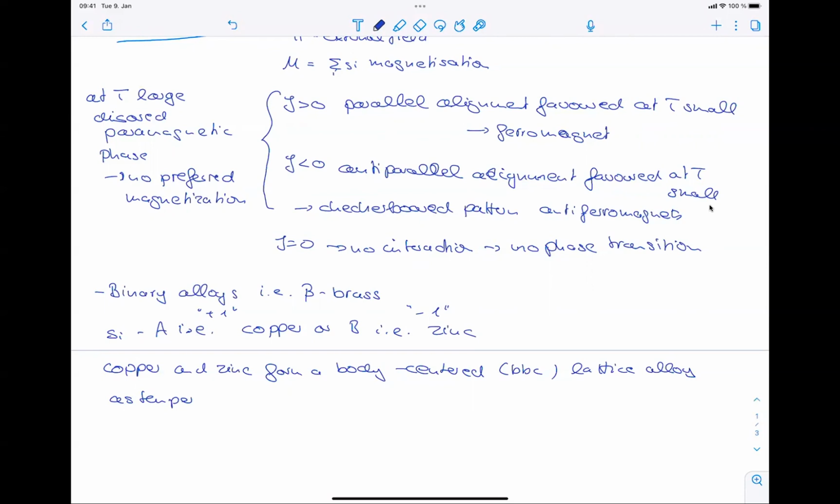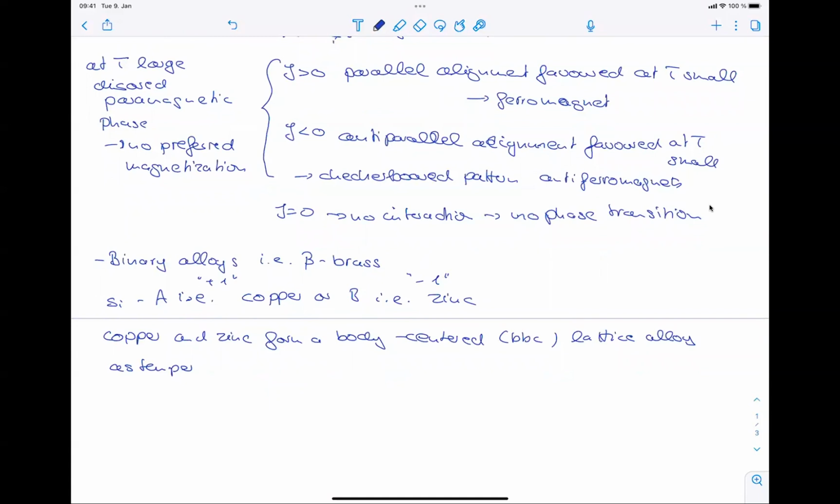And that's one example of many of how you can start out writing down the interactions that you may have in a system, and then you can see that you can map it to an Ising model, or one of the more complicated ones, which I'll introduce as we keep going along. So as the temperature increases, A and B interchange lattice sites.